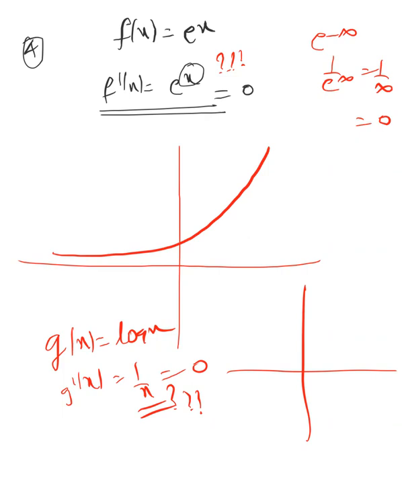Graph of log x. Log 1 is 0, na. Just check it out. So there is no value of x for which there is a maxima or minima.